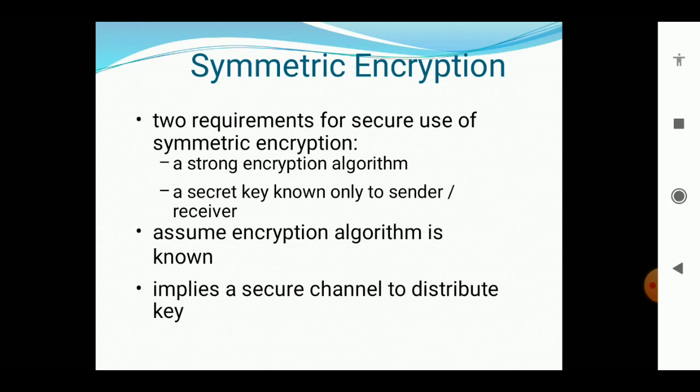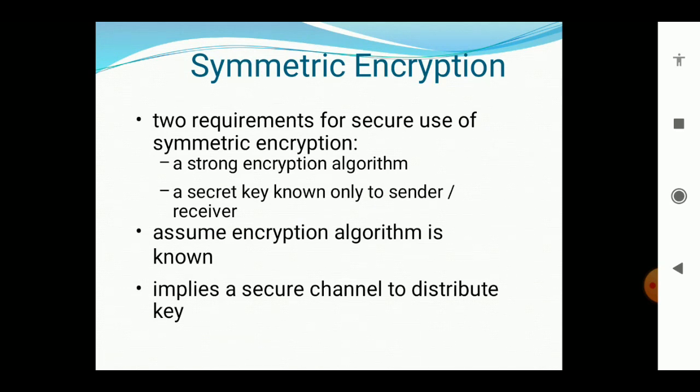Two requirements are needed for a secure symmetric encryption algorithm: first, a strong encryption algorithm, and second, a secret key known only to the sender and receiver. Here the sender and receiver use the same key, kept in confidence, and only then does the algorithm succeed. Assuming the encryption algorithm is known, this implies a secure channel to distribute the key.